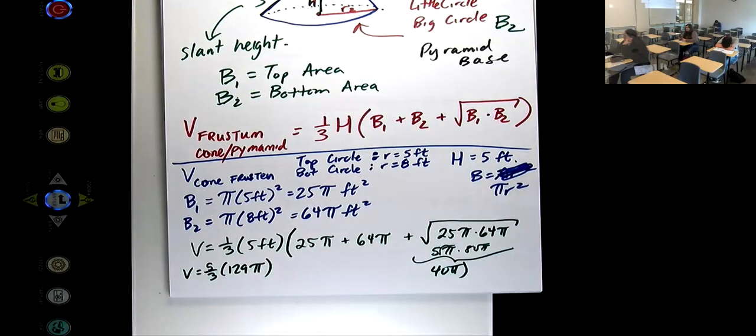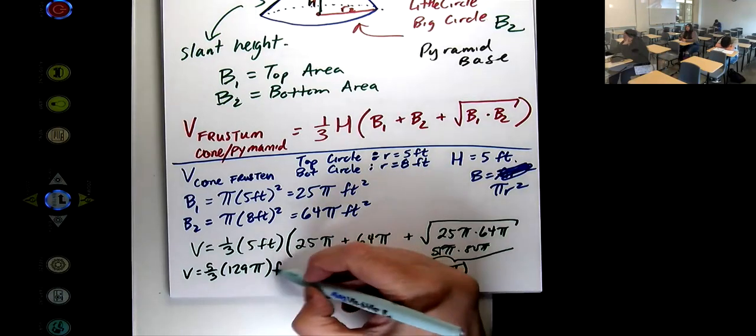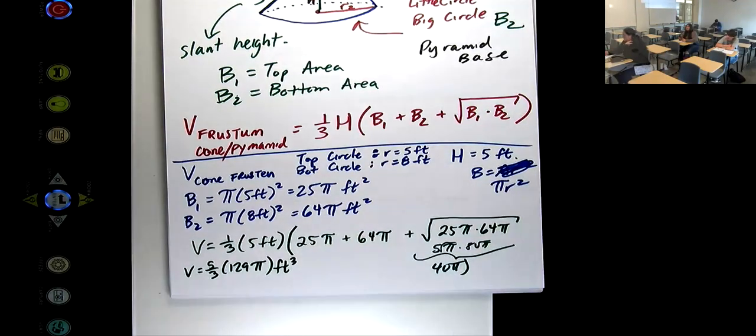This is gonna be feet cubed. If you just skipped all that and put it straight in your calculator, you get to the same spot. Everything is squared, or the bases are squared.